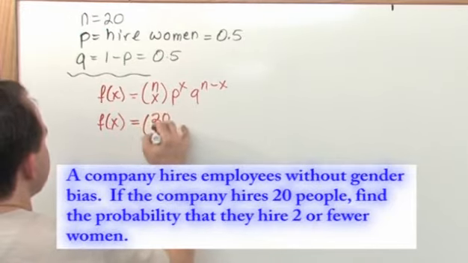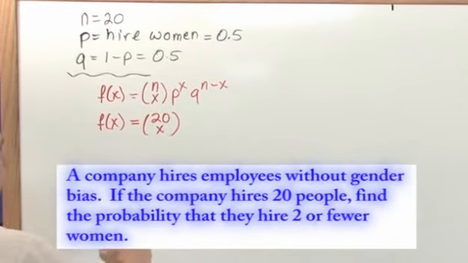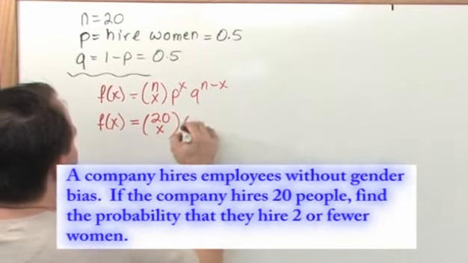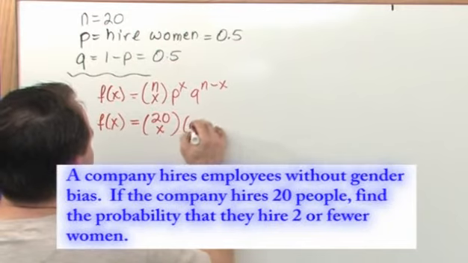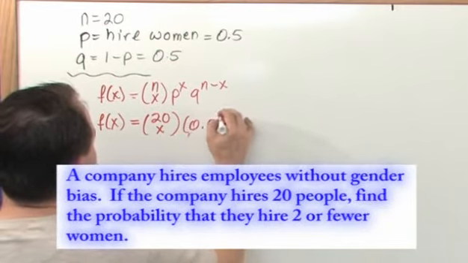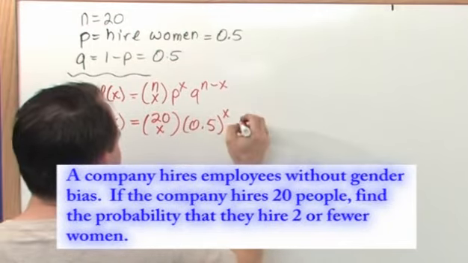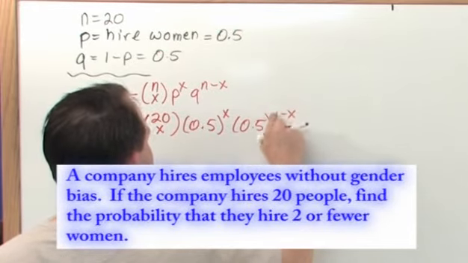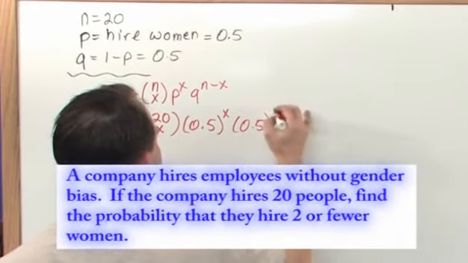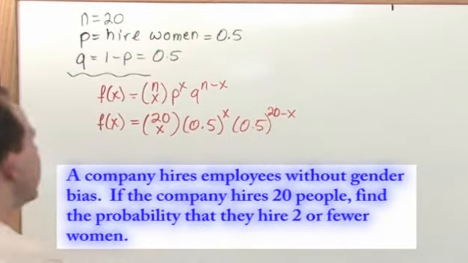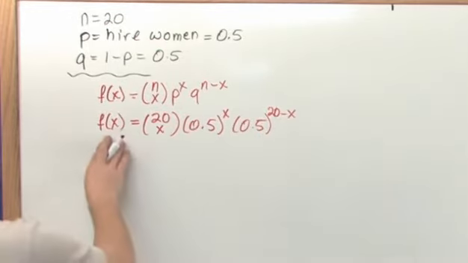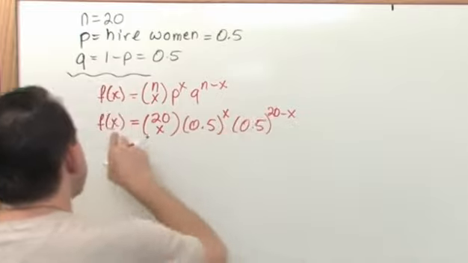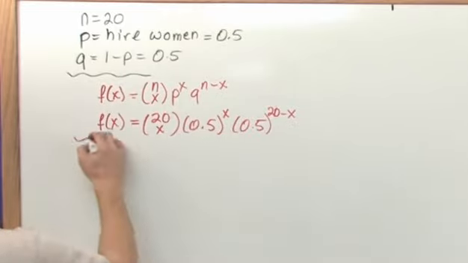N is 20, x is a variable, I'm going to leave it there. P is 0.5 to the x. Q is 0.5 to the n minus x. And actually, since we know n is 20, this is going to be 20 minus x. So here we actually have a function of x. We put x in, and what we're going to get out is that probability. I wanted to write that for you.